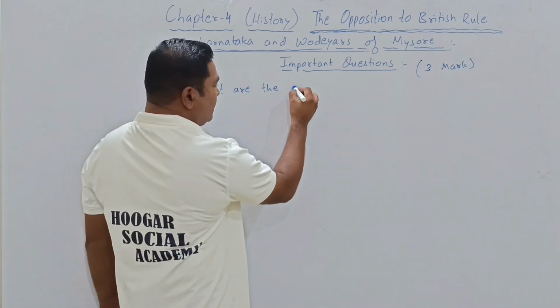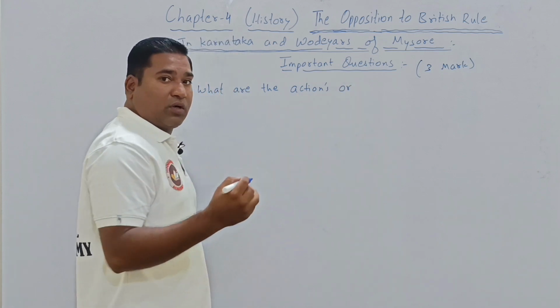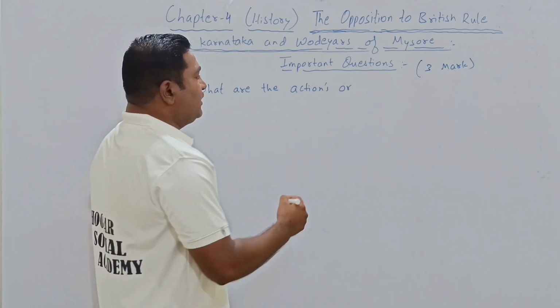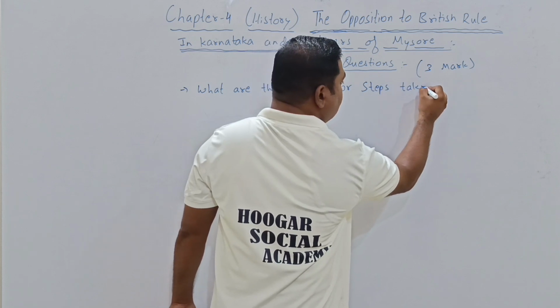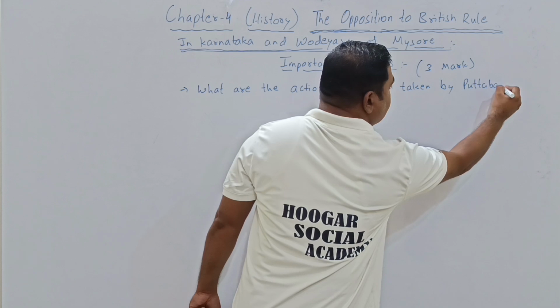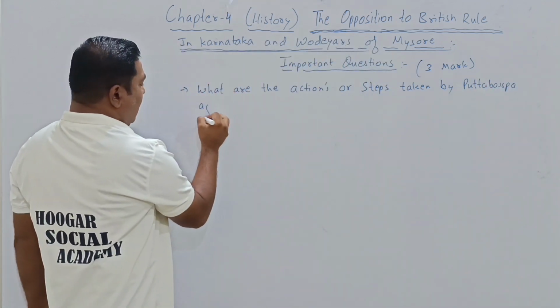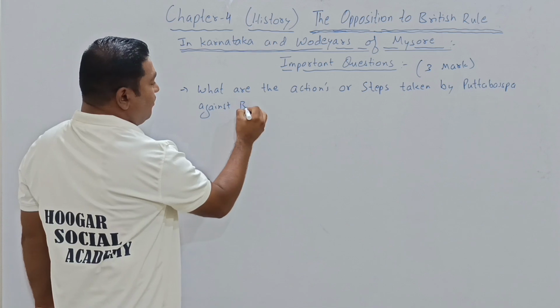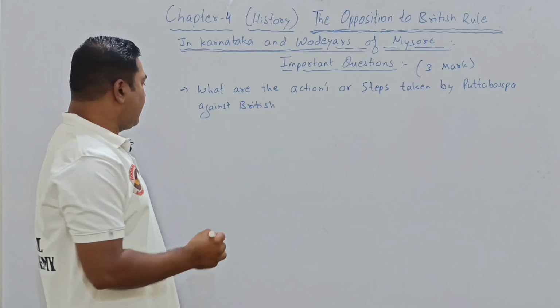So here comes: what are the actions or steps taken by Puttanna against the British.